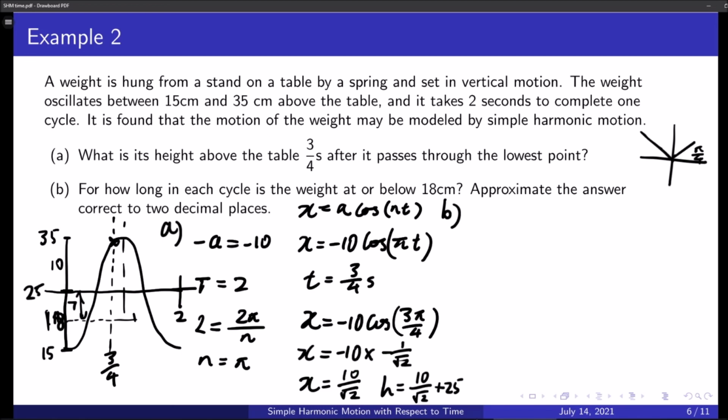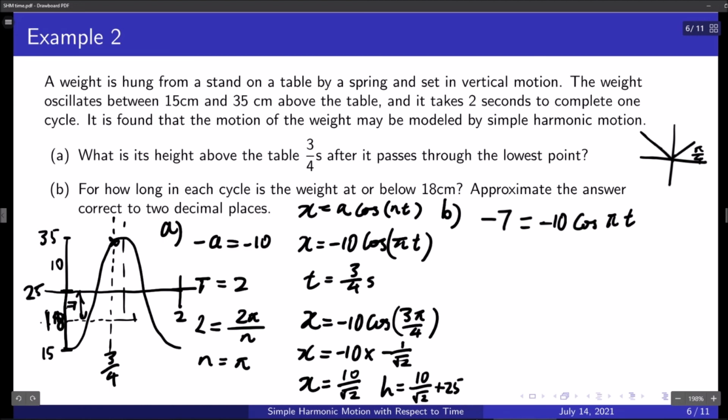So we are looking for positions where negative 7 equals negative 10 cosine pi t.